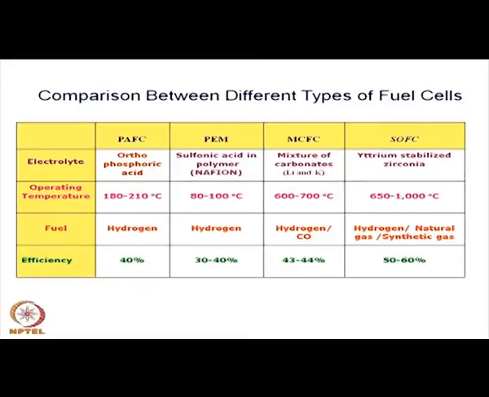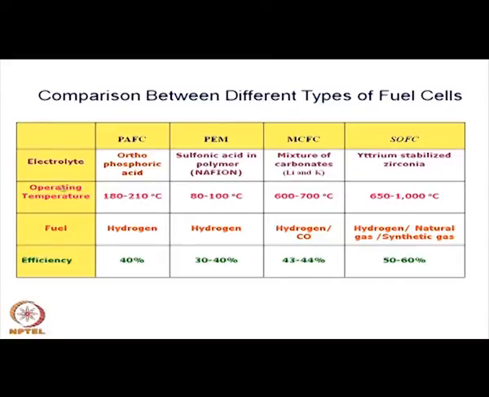So, although yttrium is slightly costlier, one gets the advantage of higher conductivity. So, yttrium stabilized zirconia is the standard material used as the electrolyte, and as we discussed a few minutes back, it has to be stable in both reducing as well as oxidizing conditions, and this particular material satisfies that condition.